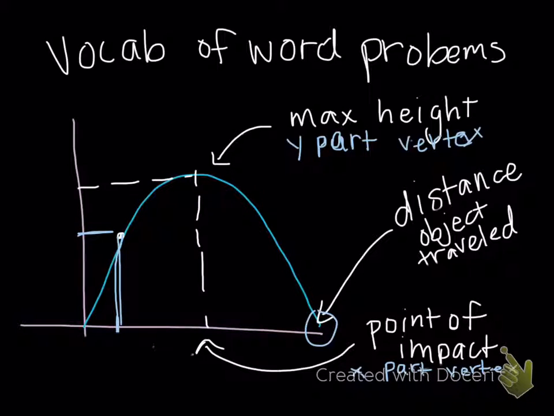And if they say the distance the object traveled, we're referring to our x-intercepts. We're assuming the object traveled up and then landed on the ground, so that would be an x-intercept. If I wanted to find any given height that corresponds to a distance, I evaluate the function at that distance, and that would give me its matching height.